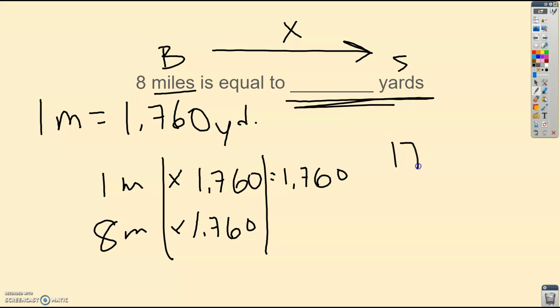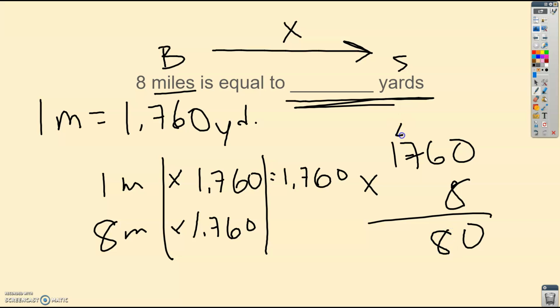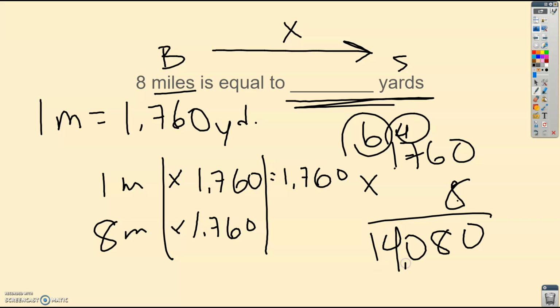So I got 1,760 times 8. 8 times 0 is 0. 8 times 6 is 48. 7 times 8 is 56, plus 4 is 60. And then 8 times 1 is 8, plus 6, 14. Sorry, I had a brain fart. So we have 14,080 yards is equal to 8 miles.